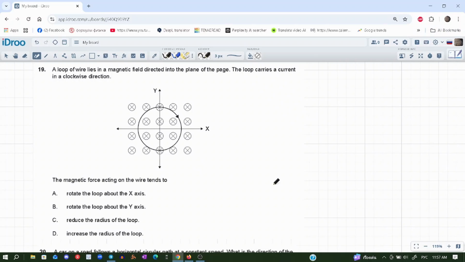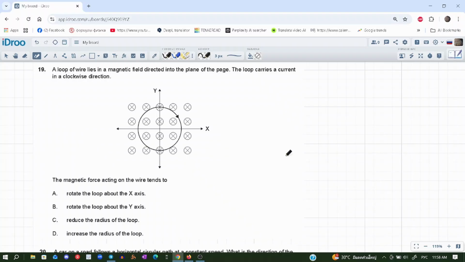Number 19. A loop of wire lies in a magnetic field directed into the plane of the page. The loop carries a current in a clockwise direction. The magnetic force acting on the wire tends to... Okay, here we just have to apply Fleming's left-hand rule.